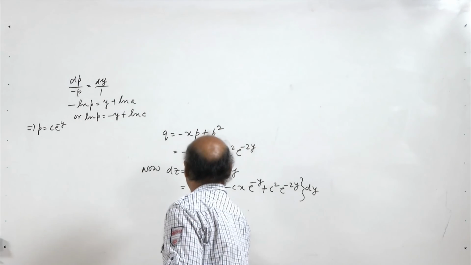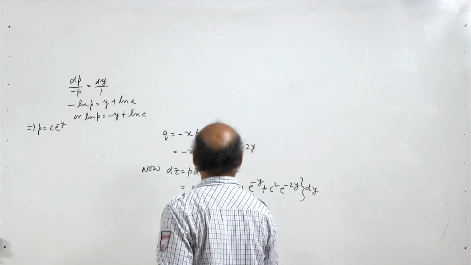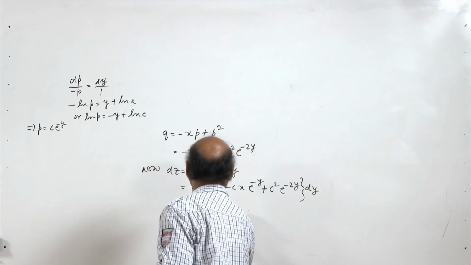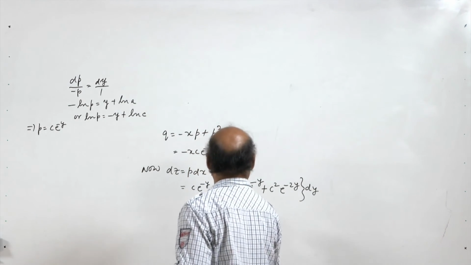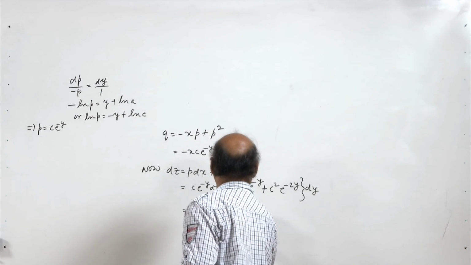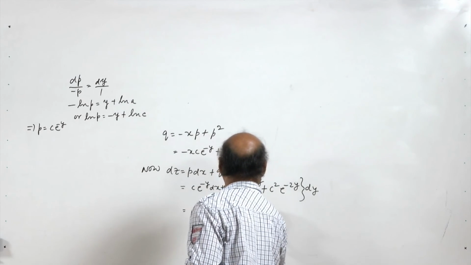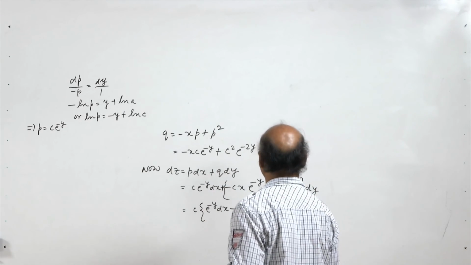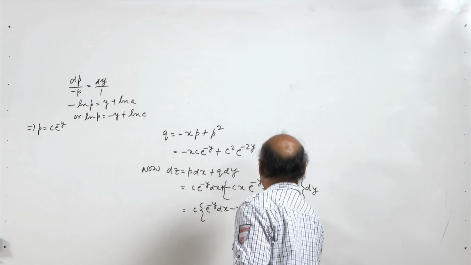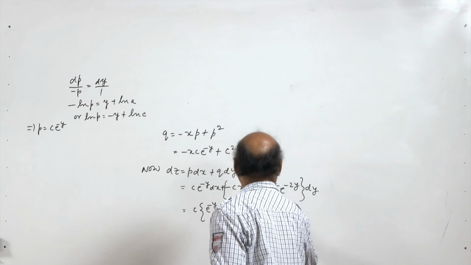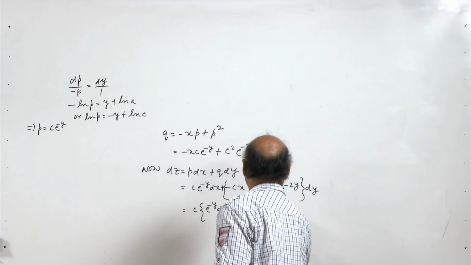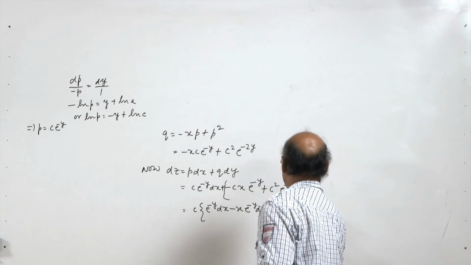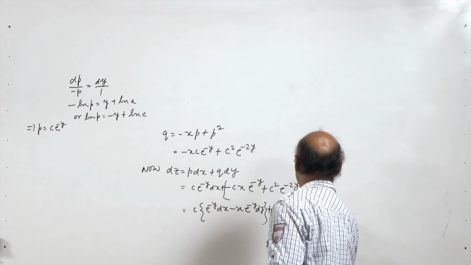Now here we notice that c times e to the power minus y dx, and then minus x times e to the power minus y dy we can take as a pair, and then plus c square e to the power minus 2y dy.